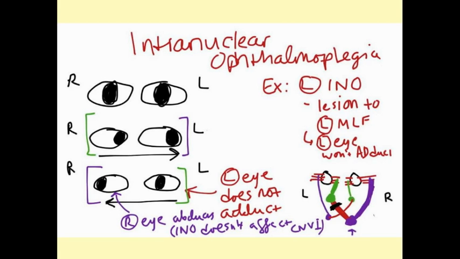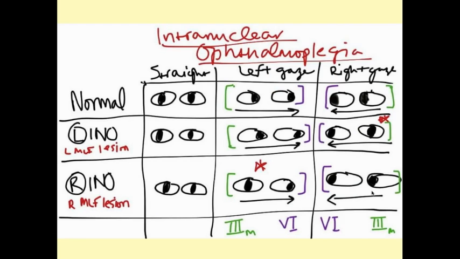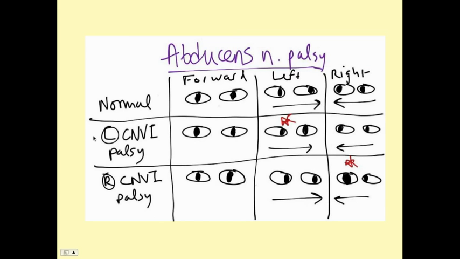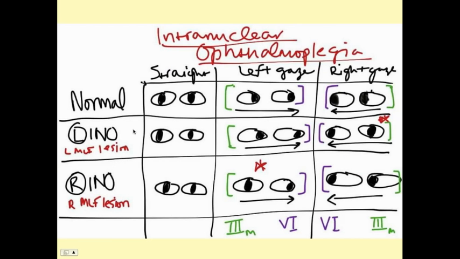And so you have no problem with left gaze, but on right gaze, your left eye is not going to adduct because your left MLF helps your eye that's not abducting with your abducens nerve. It helps your other eye, the one you're not looking in the direction of, to adduct. And so your left eye will not look to the right.